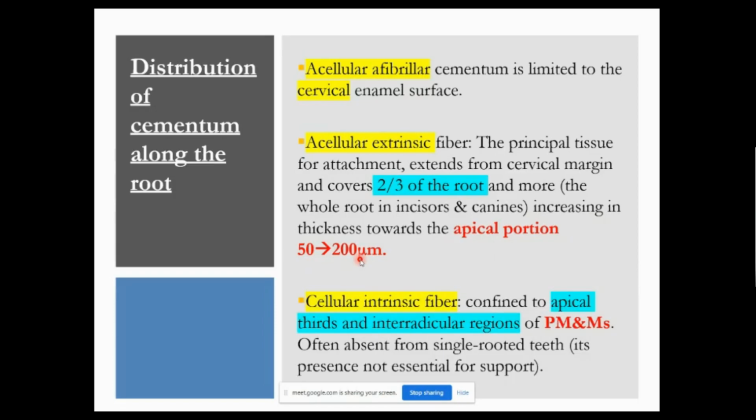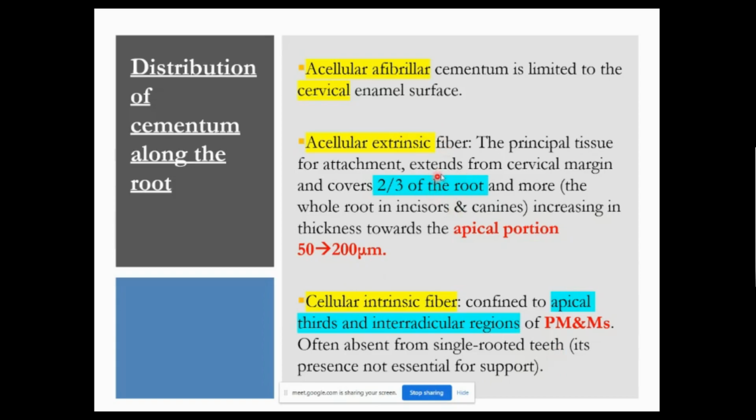Whereas the cellular intrinsic fiber cementum is more seen in the apical 1/3 and in the interradicular region, like I said, that is between the two roots of the posterior teeth, especially your premolars and molars. And it is usually absent in the single rooted teeth, and its presence is not really essential for support.